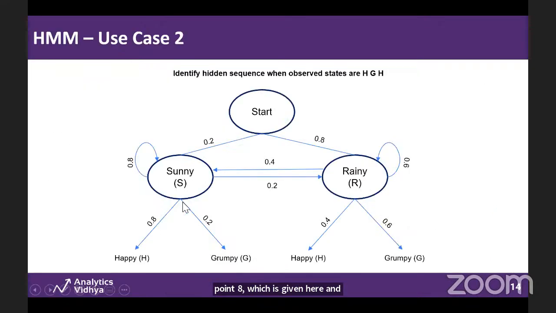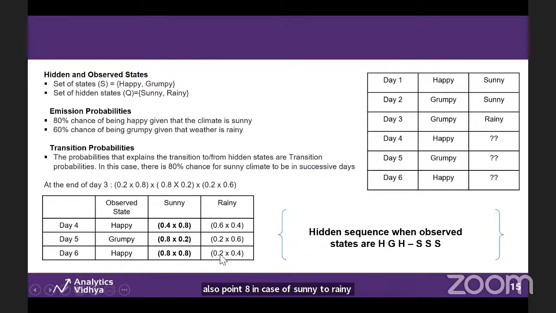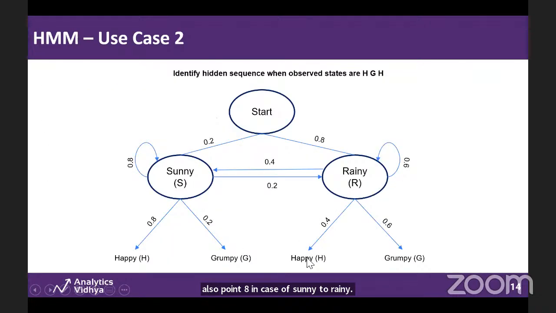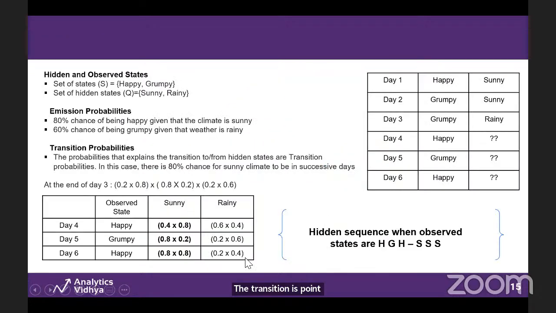In case of sunny to rainy, the transition is 0.2, and the person being happy is 0.4, which is this. So if you compute the overall probability, you can see that the final sequence which we will be arriving at is sunny, sunny, and sunny for the observed states happy, grumpy, and happy. So this is how a typical hidden Markov model would work.